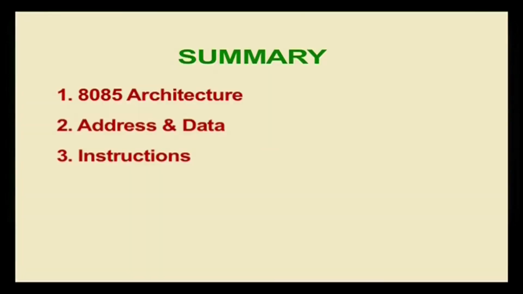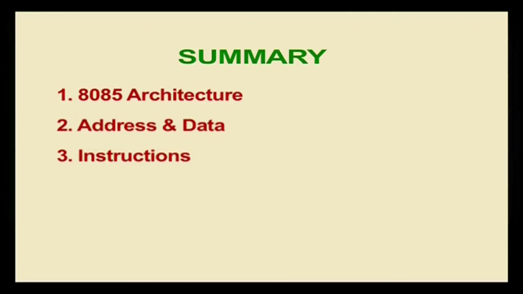Let us now see the summary of what you have seen so far. We saw briefly about the architecture of the 8085 processor, and how the address and data are multiplexed. To save the number of pins, we use the address latch enable signal to share the same pins for data as well as for address.